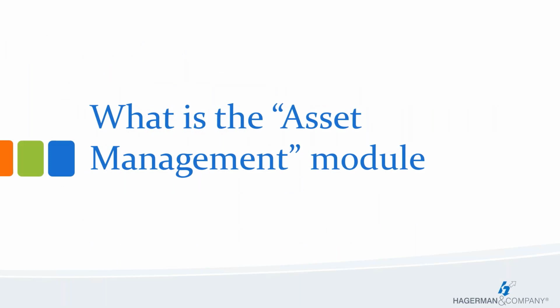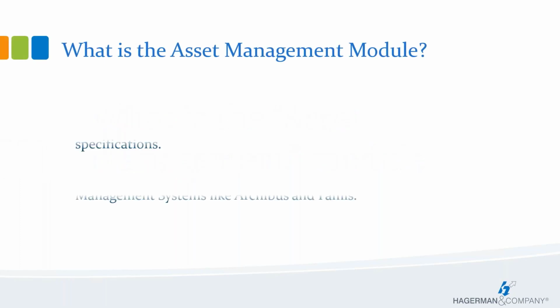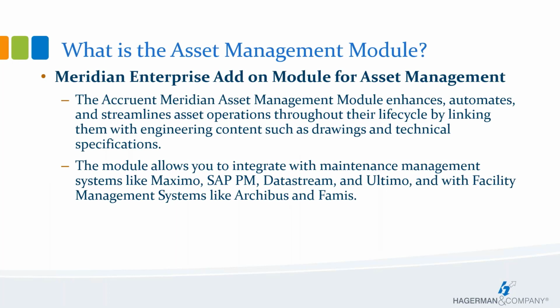All right, so now let's focus on the Asset Management Module and what it can be leveraged for. First, to give you a brief overview, the Meridian Asset Management Module is an enterprise add-on module for the Meridian system. Accruent's definition is that it's a module that enhances, automates, and streamlines asset operations throughout their life cycle by linking them with engineering content such as drawings and technical specifications.